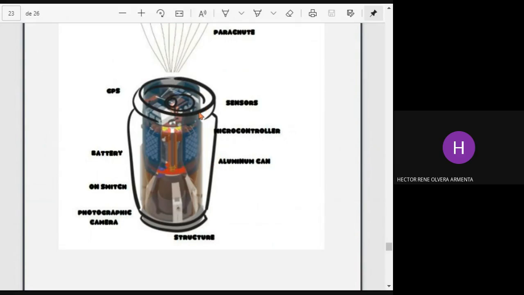This is the aluminum can. The switch is going to be over here. The photographic camera will be under the structure, so we can take those photographs while it is landing. And this is the whole structure.